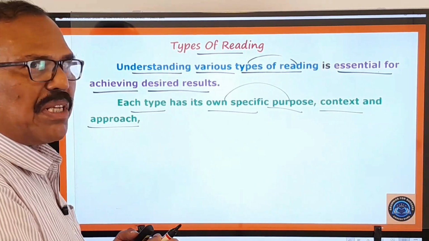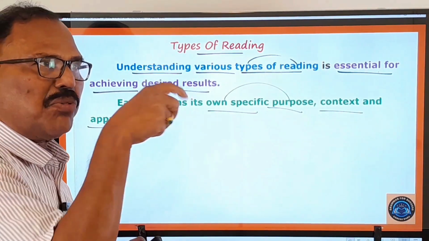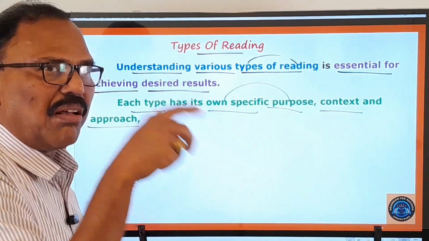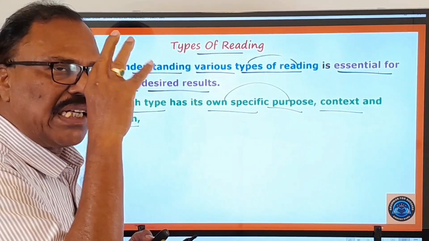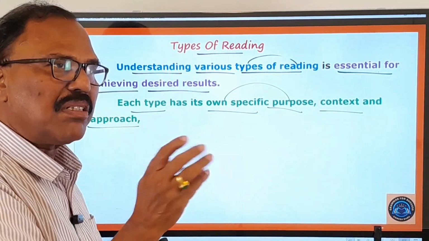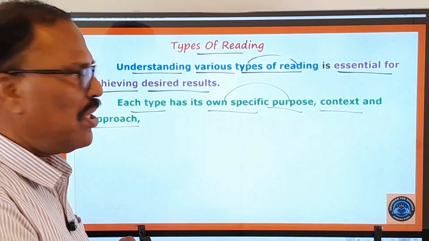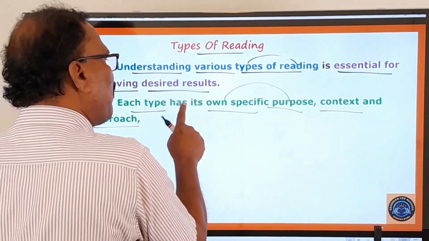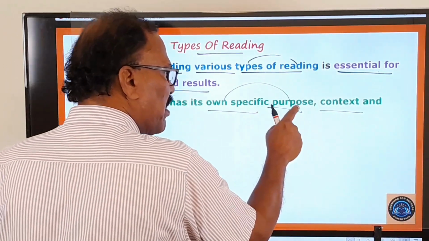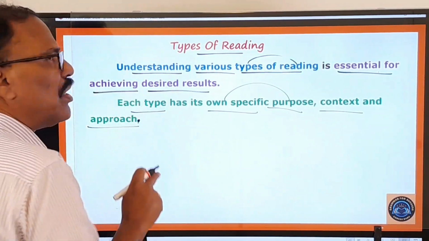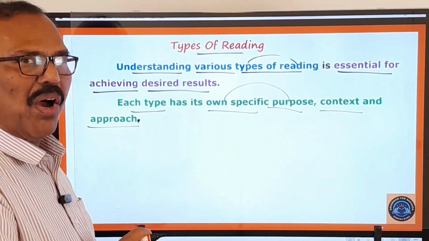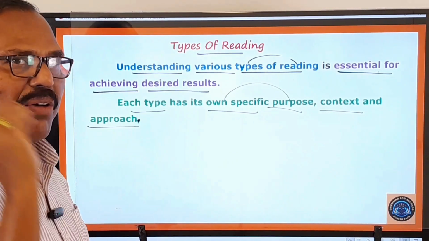Context means according to the context only you choose that type of reading. And approach means for getting good results, you choose a certain definite approach. So each type of reading has its own specific purpose, context and approach.